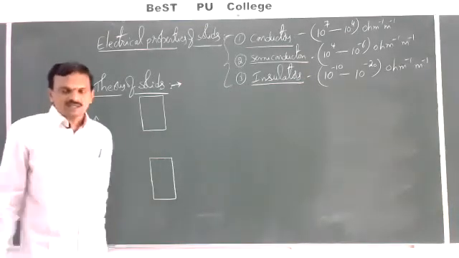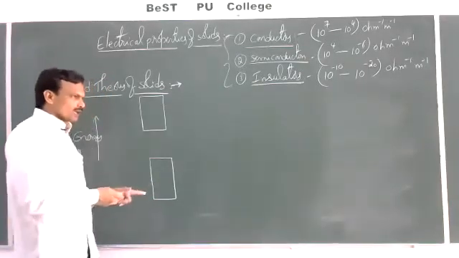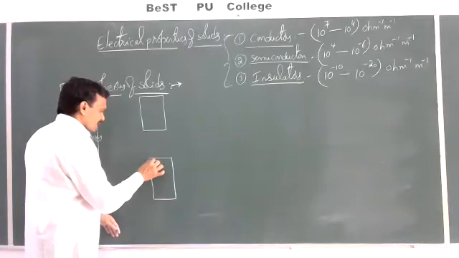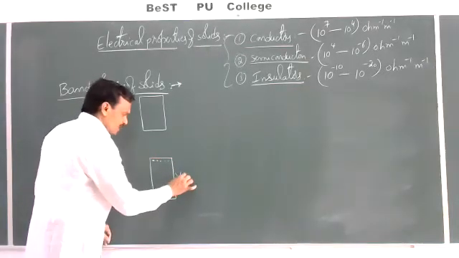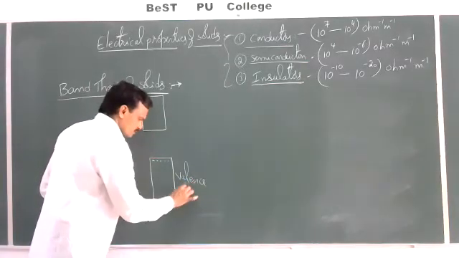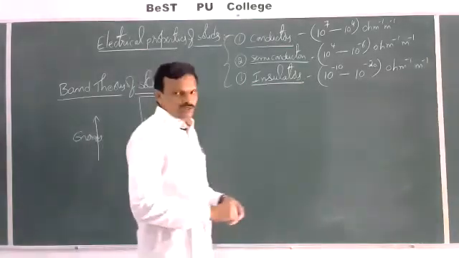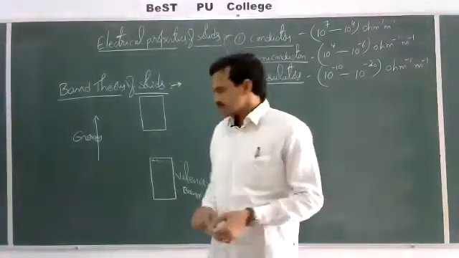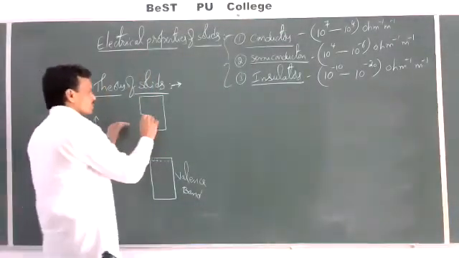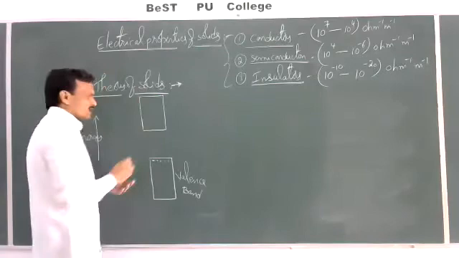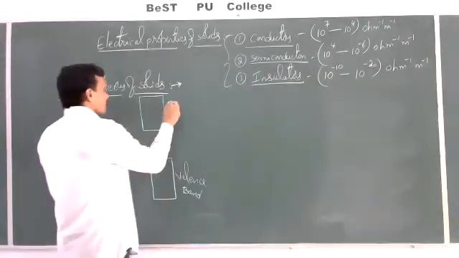Now, the set of molecular orbitals having lower energy and containing electrons is called the valence band. And the set of molecular orbitals having higher energy, which are unoccupied or vacant, is called the conduction band.